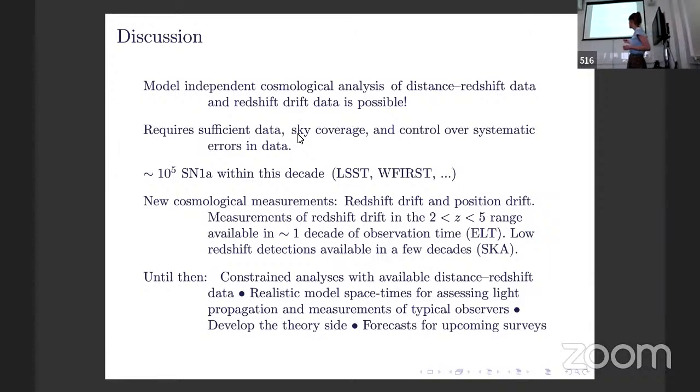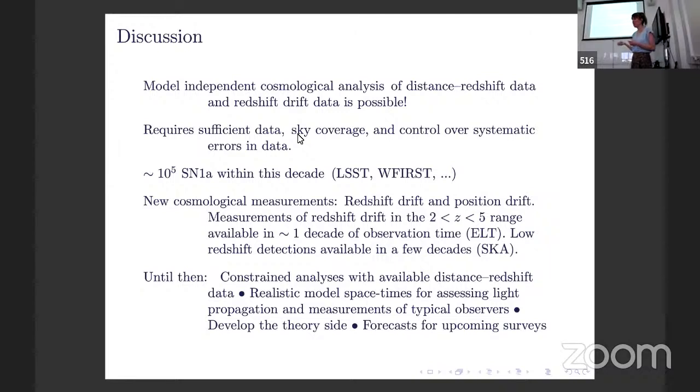And until then, we might do constraint analysis with available distance-redshift catalogs. We might consider numerical simulations to get an idea of these effects, and to do forecasts for upcoming surveys. There's also lots of things to develop on the theory side.